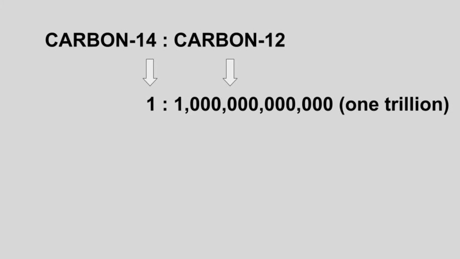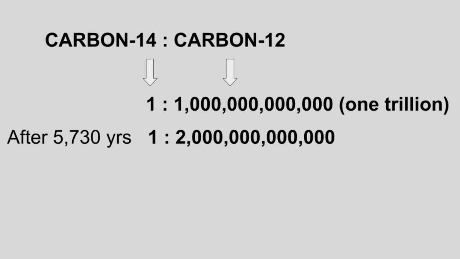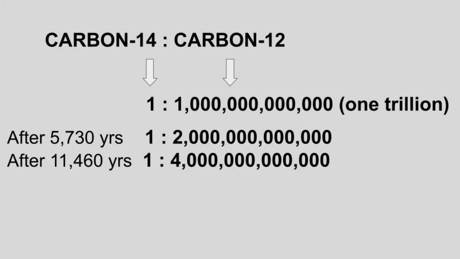So what happens to the carbon-14 to carbon-12 ratio every 5,730 years? If the amount of carbon-14 is reduced by half, but the amount of carbon-12 doesn't change, the carbon-12 side of the ratio doubles. 1 to 1 trillion becomes 1 to 2 trillion after 5,730 years. Then 1 to 4 trillion after another 5,730 years.